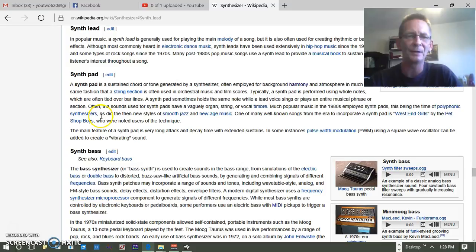When you hear somebody talk about synth leads or synth pads, and synth bass is just dealing with bass lines. You're trying to synthesize things that are dealing with bass tones, and it's that simple. And a synth pad is normally something that can be kind of complex. I'm not going to get into that too much, but you can read some about it, and basically most of the time synth pads are background.